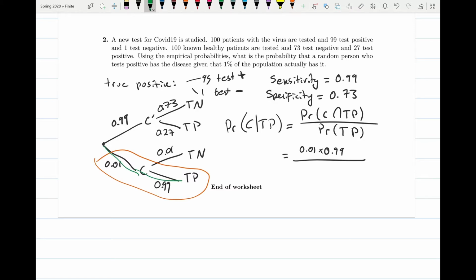So the first one is what we just did, 0.01 times 0.99. That's having it and testing positive, plus not having it, 0.99, and testing positive still, 0.27. Right. Plug this into a calculator, what you get is 0.0357.